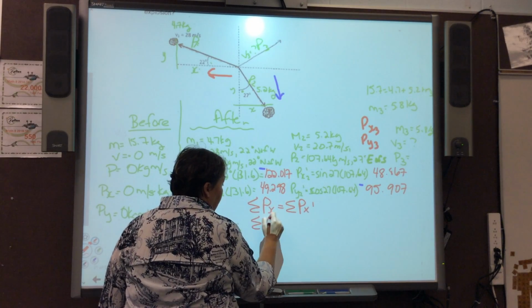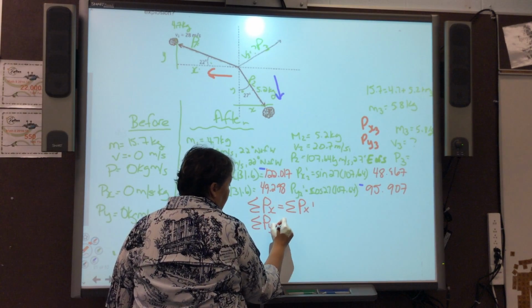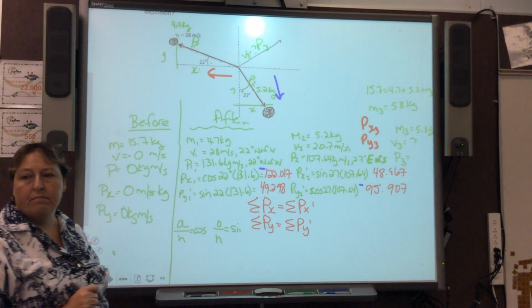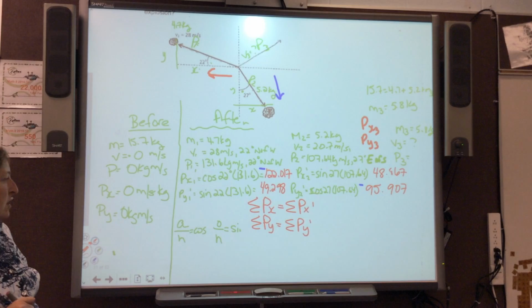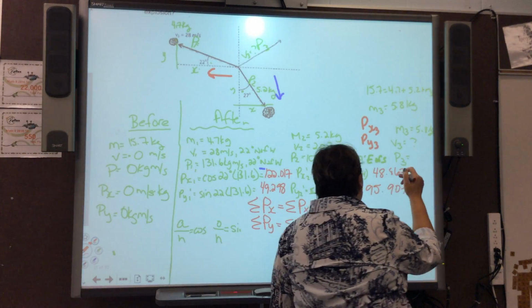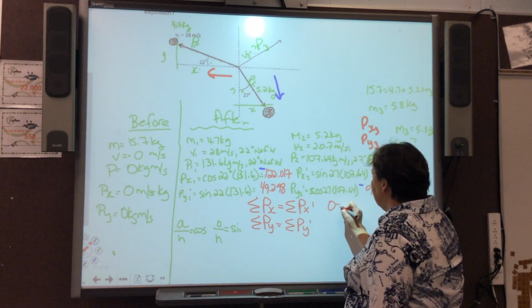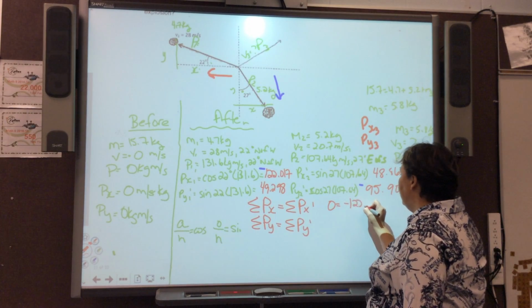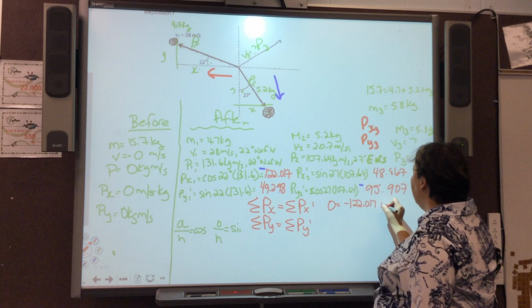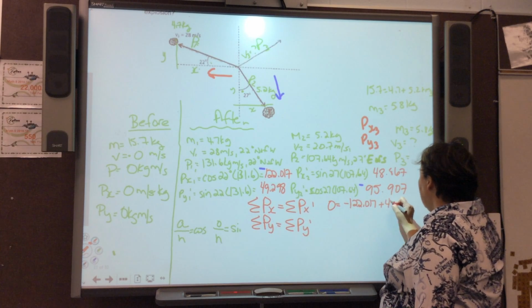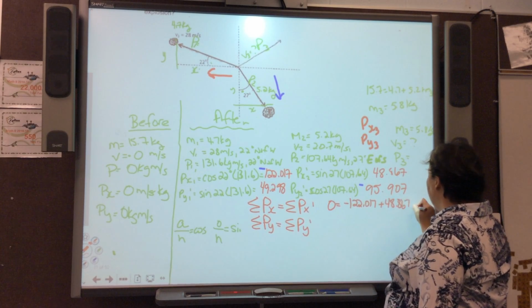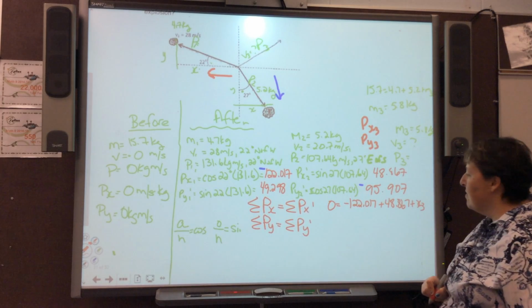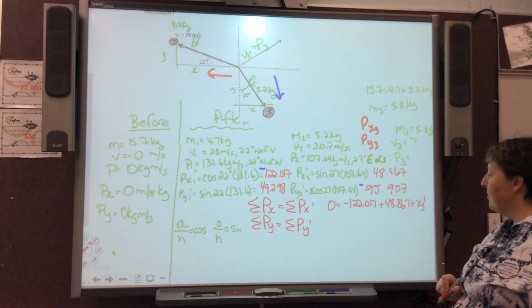We have the sum of P y is equal to the sum of P y prime. Right? So we'll go 0 is equal to negative 122.017 plus 48.867 plus x3 prime.